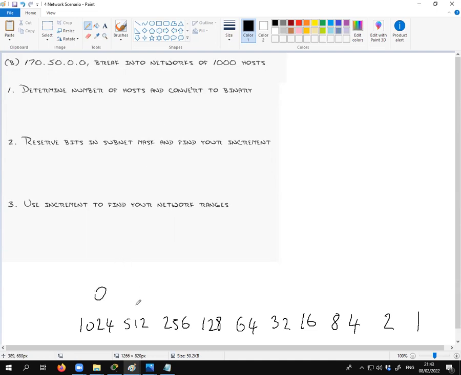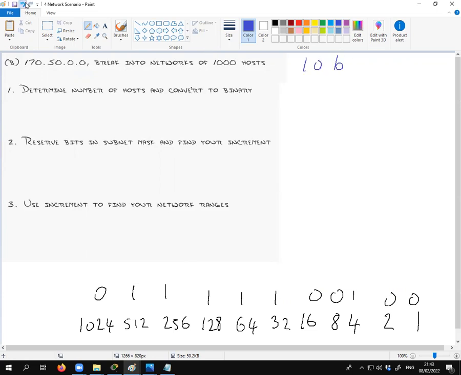No, it doesn't, but everything else does. So it'll be something like 1, 1, 1, 1, 1, 0, 1, 1, 0, 0, something like that. It doesn't matter. All we need to do is find out how many bits it takes to make 1,000. 1, 2, 3, 4, 5, 6, 7, 8, 9, 10. It takes 10 bits to make 1,000.